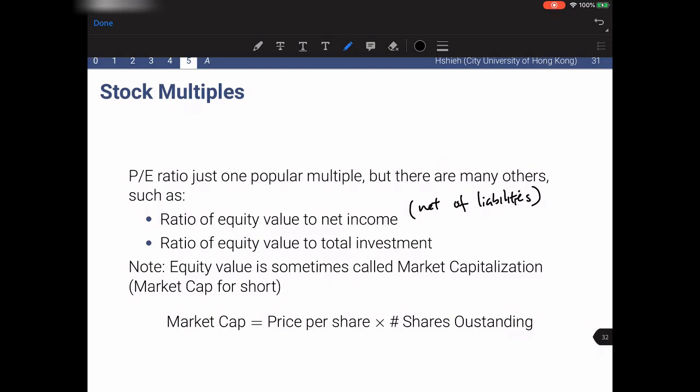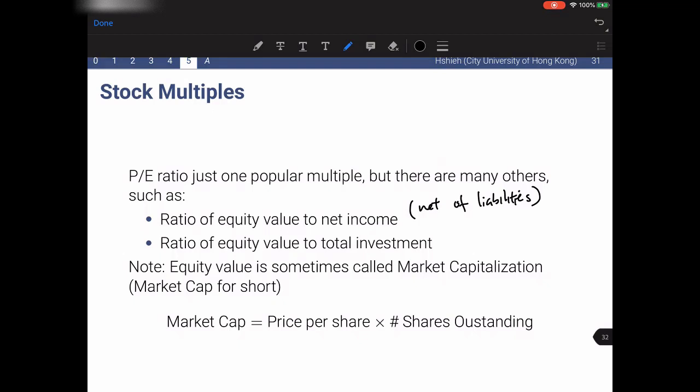So I'll give you some examples here in the next few slides. So another typical example of a firm multiple, since so far we're just talking about stock multiples, but for a firm multiple, we are literally talking about the entire value of the firm. That includes all stakeholders, not only just the equity side. So we typically use enterprise value as the numerator when talking about these multiples or fractions that compare the value of the firm to some characteristics.